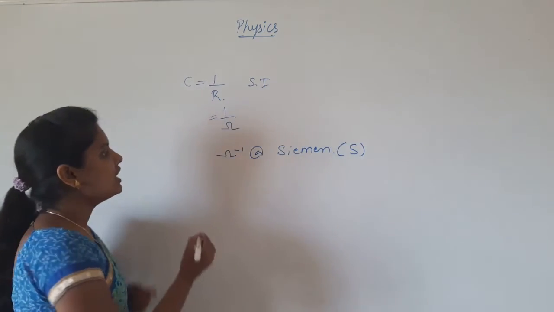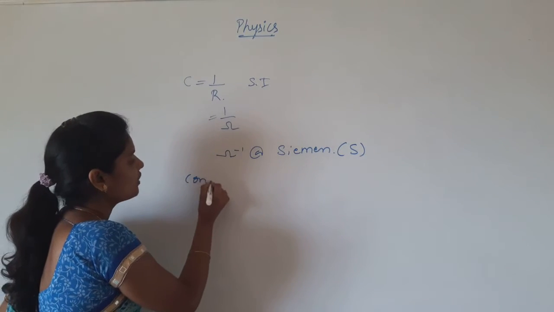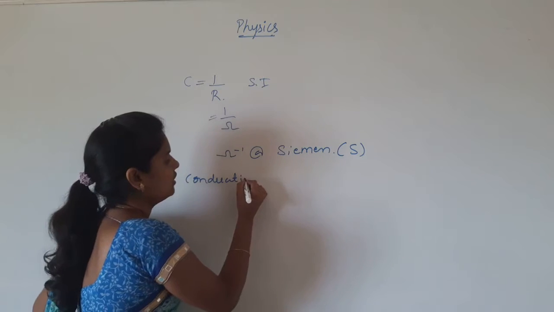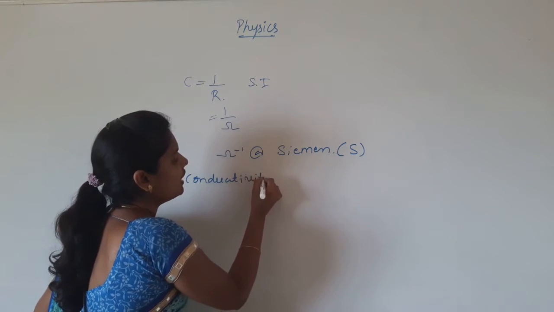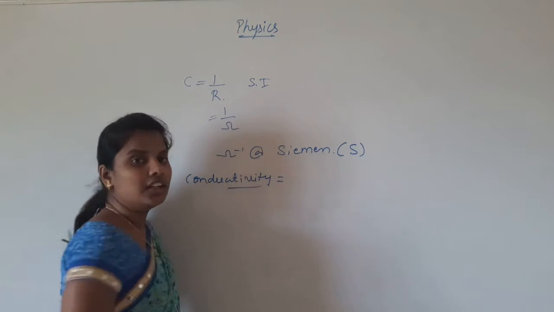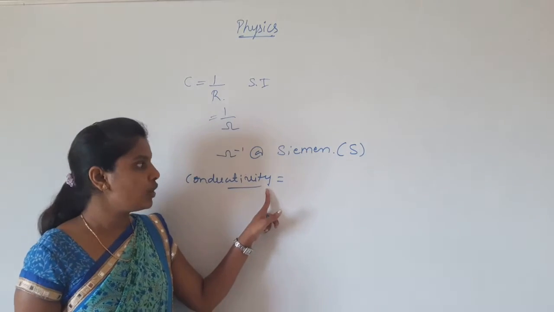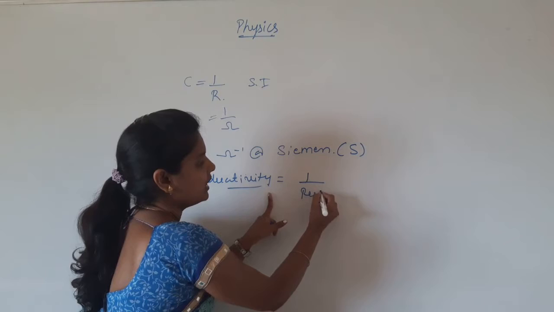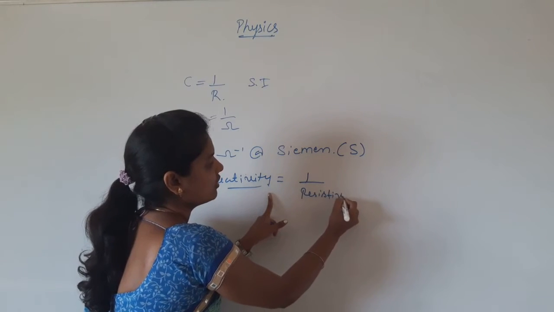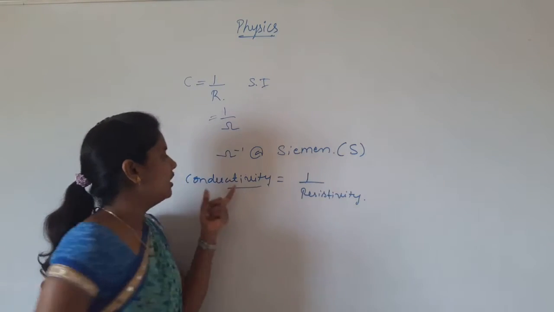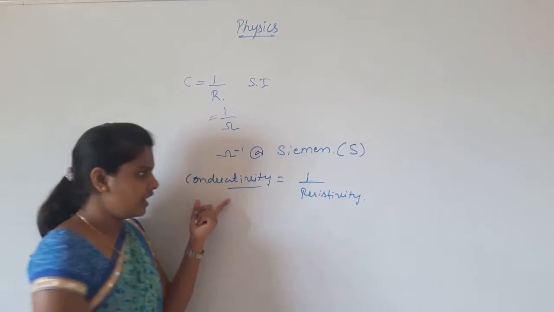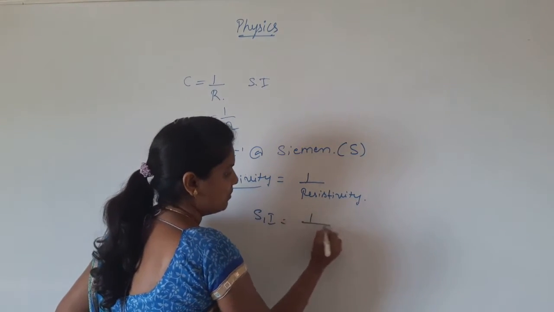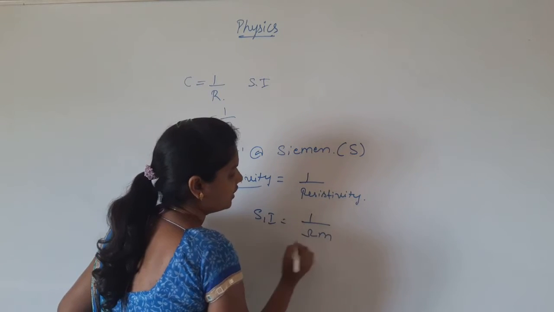The next one is conductivity. Conductivity is the reciprocal of resistivity. The SI unit of resistivity is ohm meter.